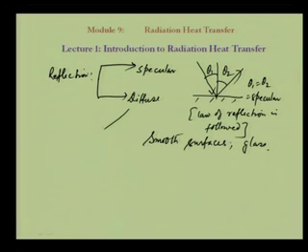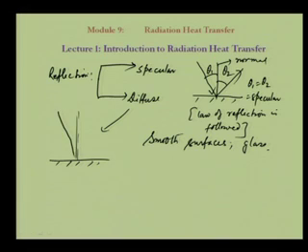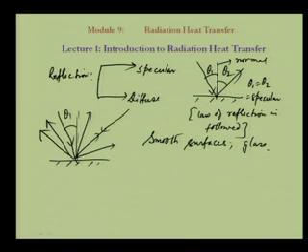Now, diffuse reflection. If we see that this is the surface, and this I say is the normal to the surface, and this is the incident radiation. It is coming with an angle, say theta, but reflection can happen in any of the directions. Then it is called a diffuse reflection.